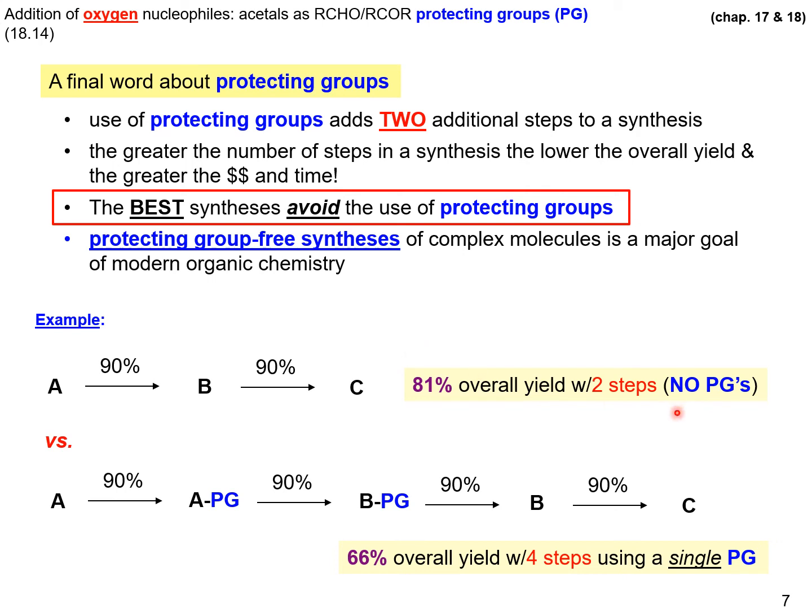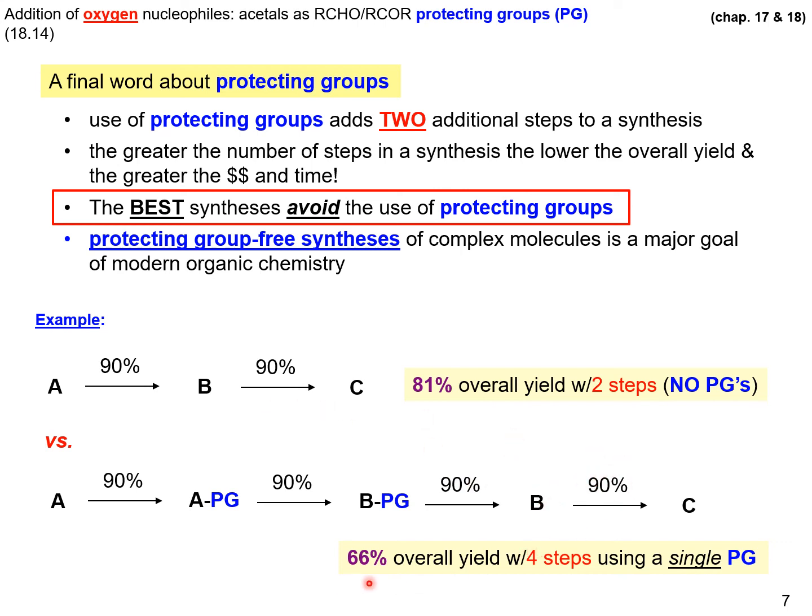with no protecting groups. Let's do the same thing, but have one protecting group involved in the synthesis. We take A, we convert it to protected A, 90% yield. I take my protected A, I perform my transformation to convert A to B in 90%. Now I have to remove the protecting group, 90% yield, and then lastly I convert B to C, much like I did above, and I get a 90% yield.